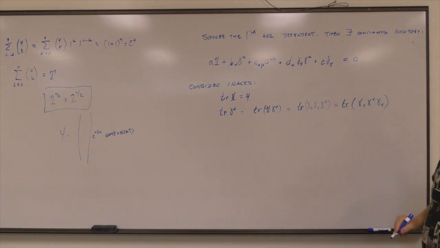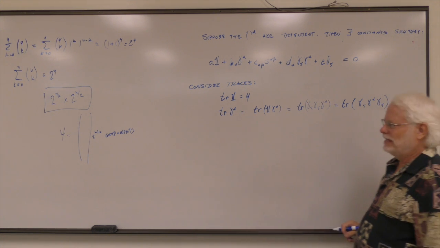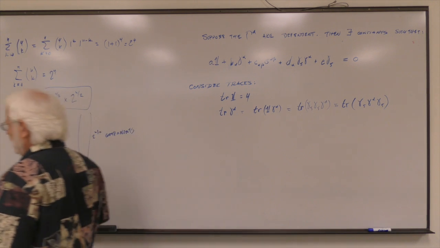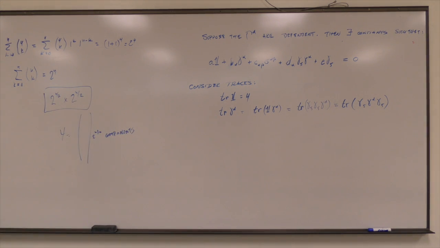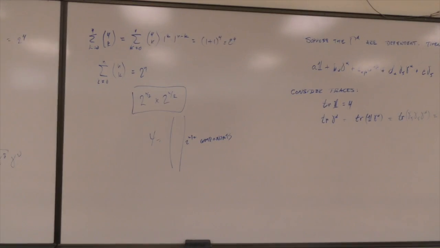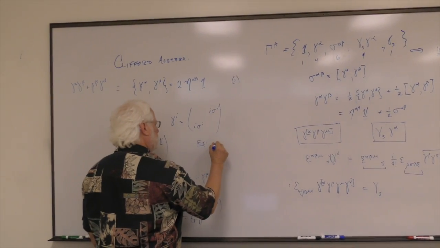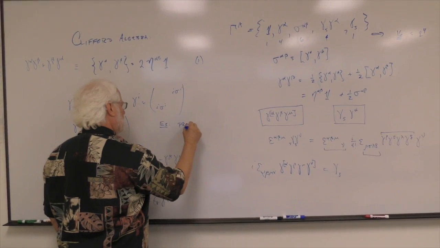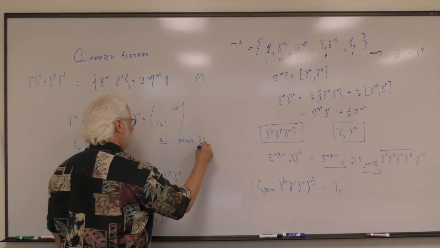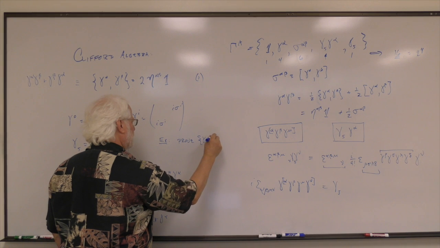And now, here's something we didn't show. I think I left this as an exercise last time. Just to remind you, exercise: prove that gamma 5 anti-commutes with all the others.